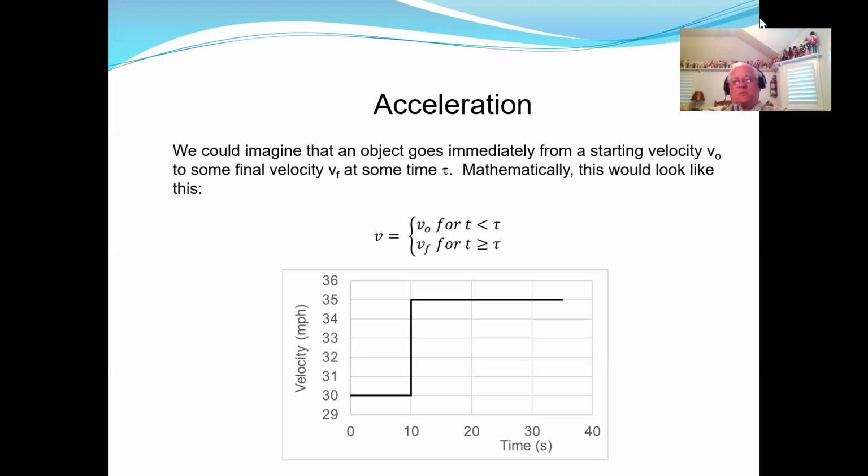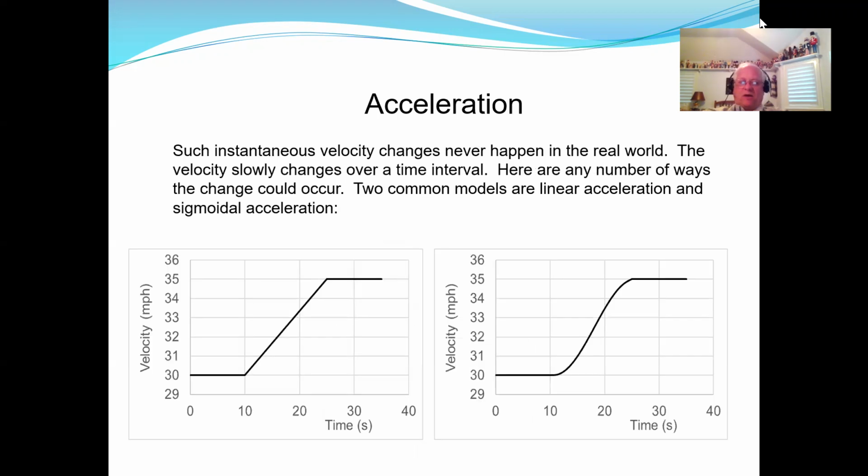So what we do is we rather have a velocity curve versus time that would look maybe more like one of these two plots, where we have now a finite acceleration that takes place, and the acceleration doesn't become infinite anywhere. So what we see are these two plots. I would say the one on the right, which is sort of sigmoidal, I'll get to it in a second.